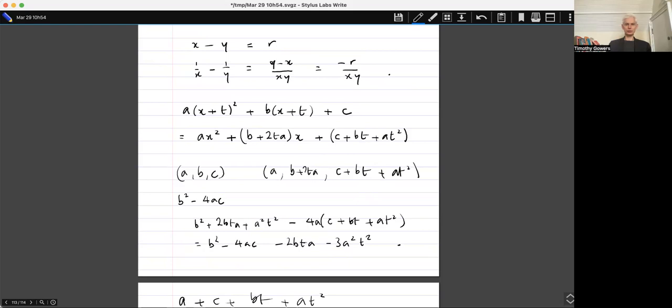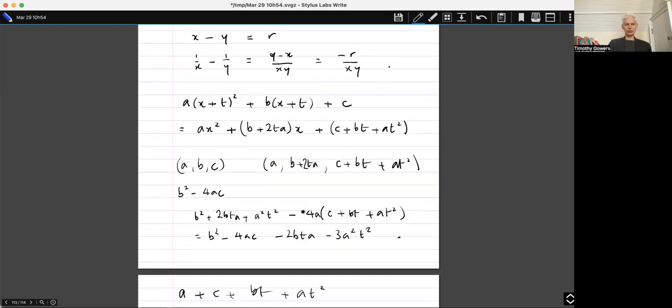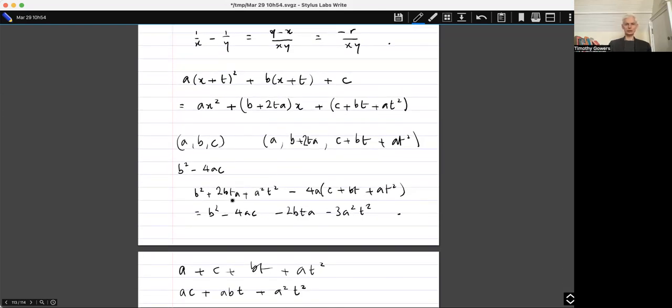I forgot to put a 2 in there. Okay, let's go back to the discriminant again. So it's b squared plus 4bta plus 4a squared t squared minus 4ac minus 4abt minus 4a squared t squared. So the discriminant was an invariant.